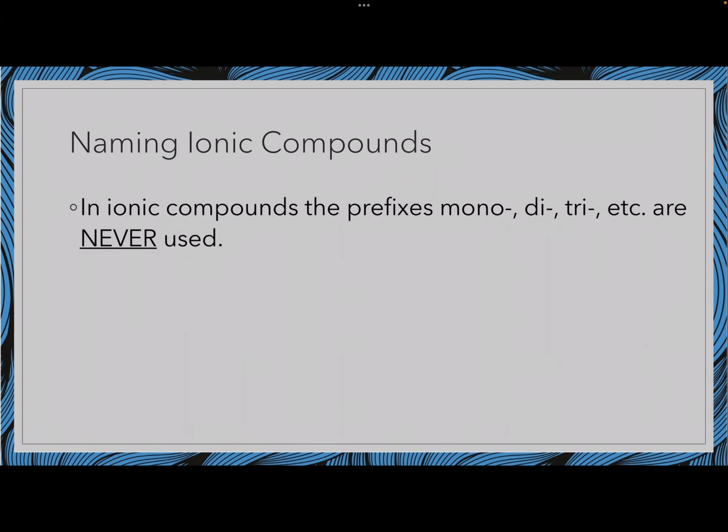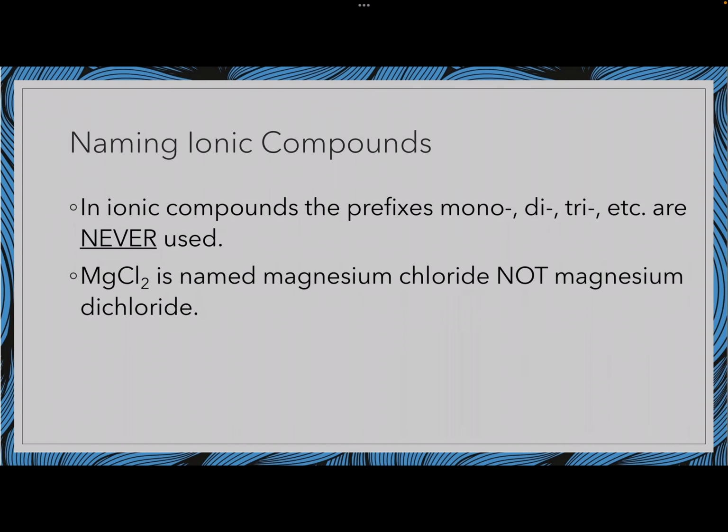Now, in ionic compounds, the prefixes mono, di, tri, we never use them. We never say magnesium dichloride, it's just magnesium chloride. The reason for this is that ionic compounds go together in set ways so that we have a neutral charge.